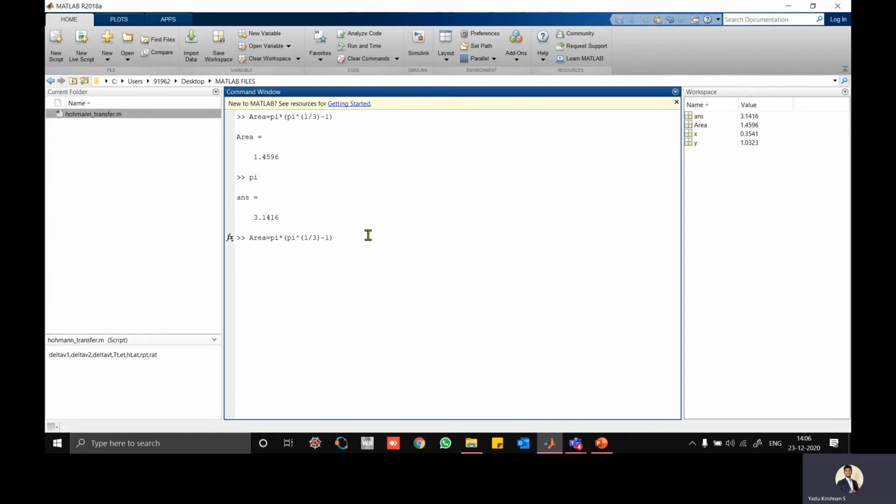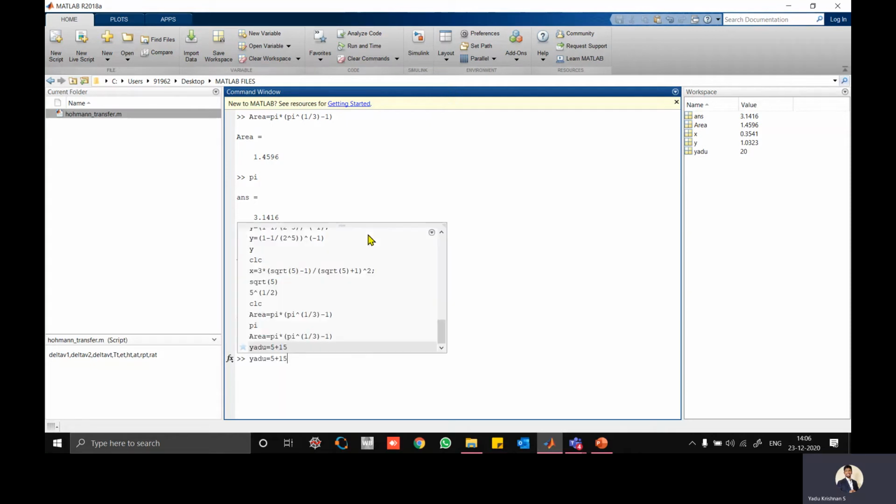Okay, let's take, I can write it like this. Yedu equal to, let's take 5 plus 10. So 5 plus 15. So Yedu equal to 20. Right? Simply I can put Y also, doesn't matter.